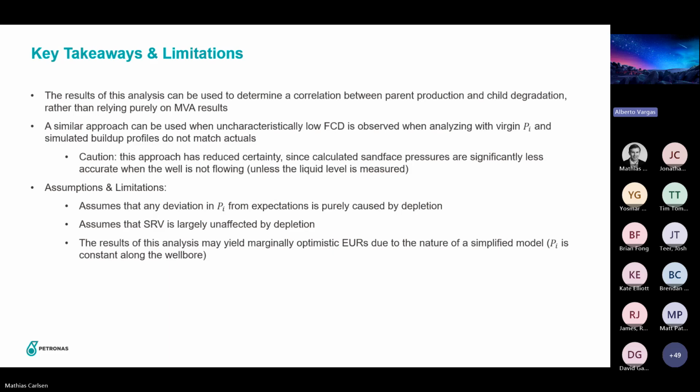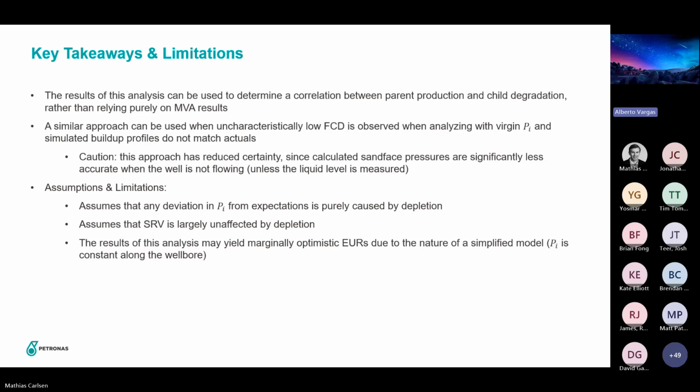But one caution is that there's a lot less certainty around this approach when you're using just FCD as your driving factor, because our flowing pressure calculations are not that accurate when the well's not flowing. So if you're basing your assumption that there's depletion on a buildup profile that's not matching history, that also could be an inaccuracy in the flowing pressure calculation. So just a caution there.